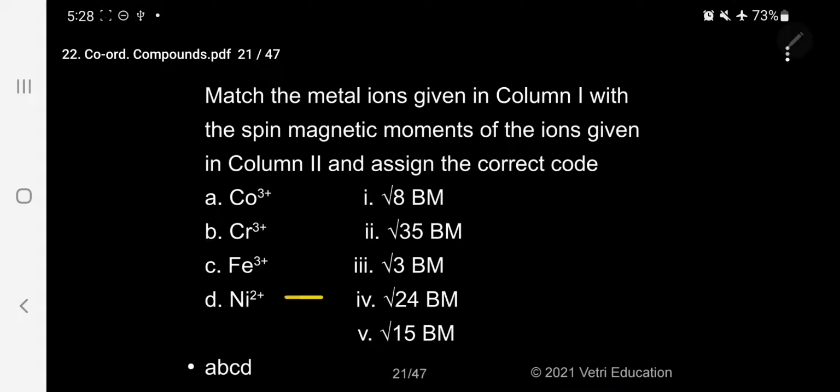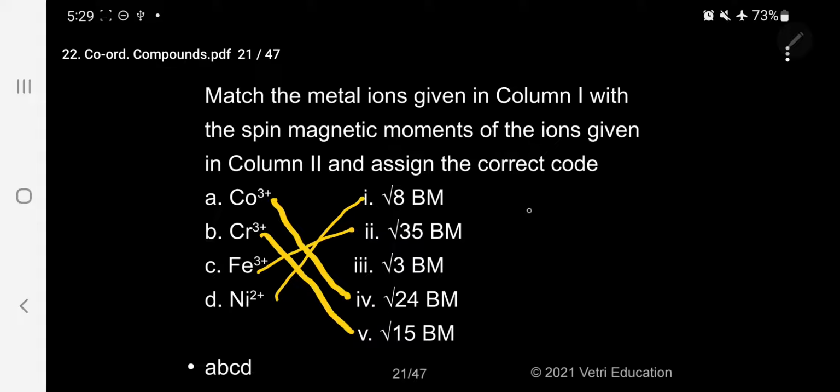Kindly follow. Nickel is 8 and cobalt is 4. Chromium is 5 and iron is 2. This is the correct answer. I have worked it out in the sheet and from that I identify it. So this is the correct order.